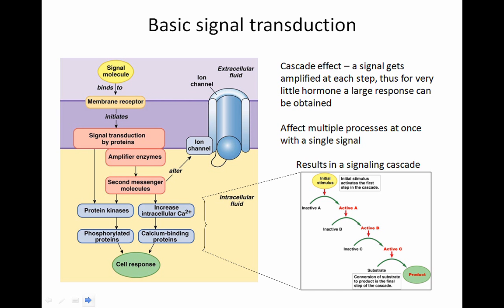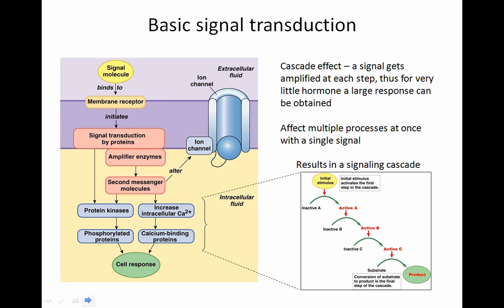We refer to this as the cascade effect. The benefit to this is how much hormone we can actually release to cause a massive effect. The other benefit is that because you see an amplification process along the way, you can actually multiply your response through several different pathways.